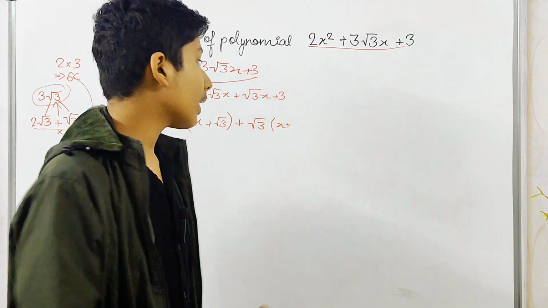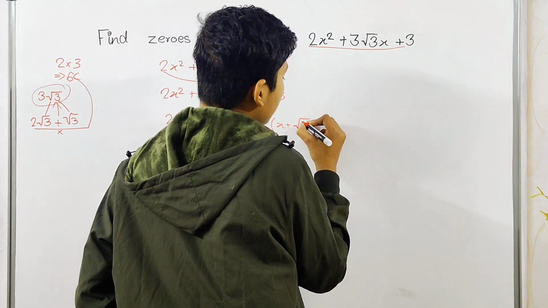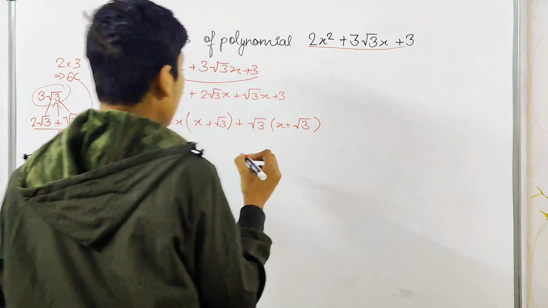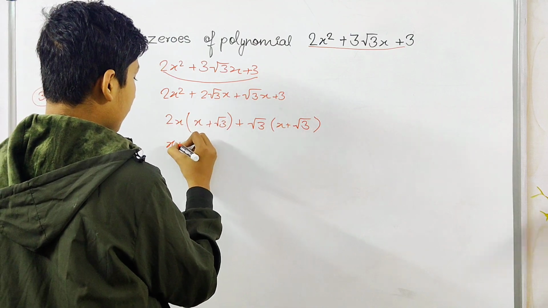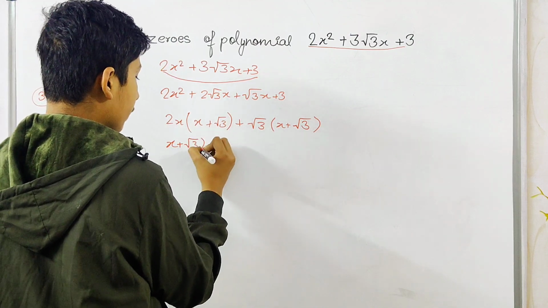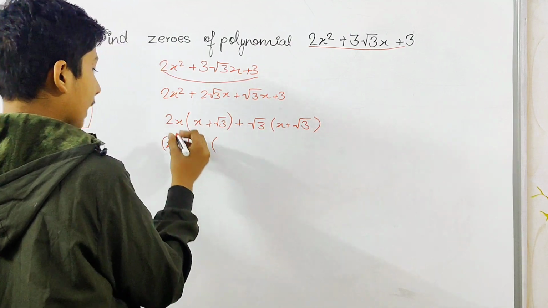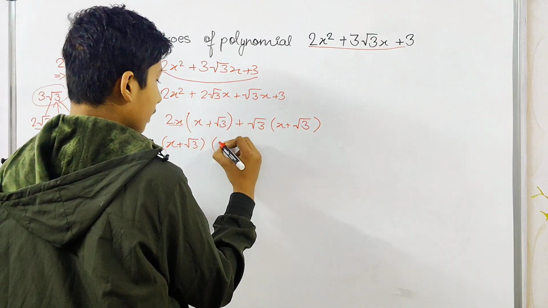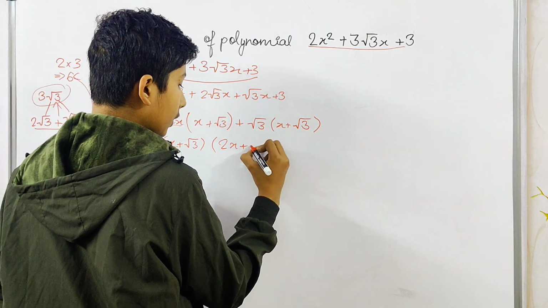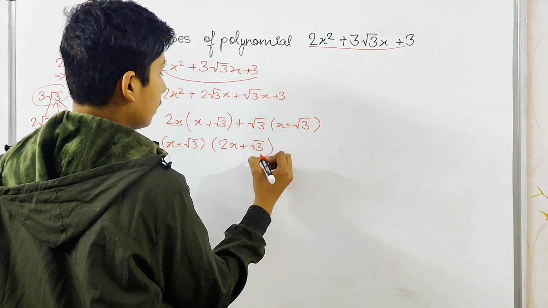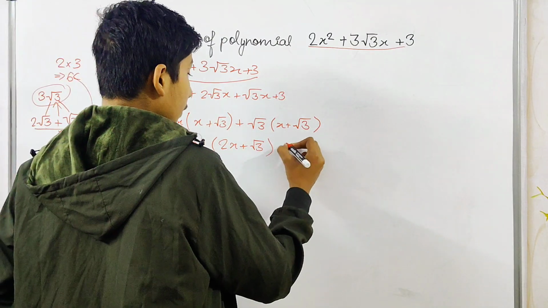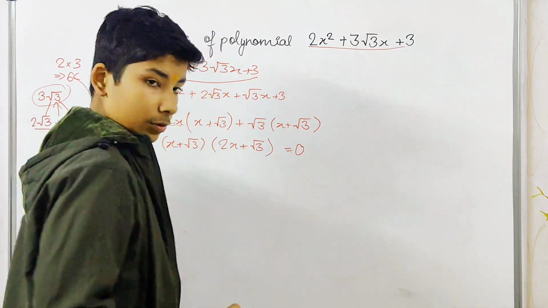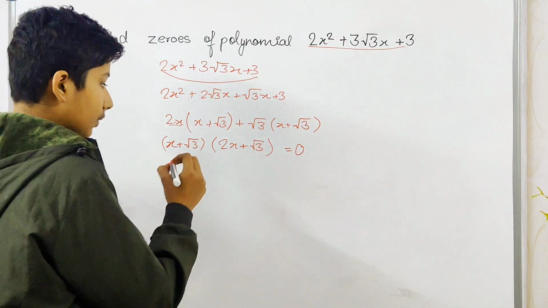But one root 3 is taken, so another root 3 will be left. Now if we take this bracket common out of these, x plus root 3 will be taken common, and in the bracket will be left this plus this, means 2x plus root 3. Now we equate this with 0 to find out the zeros.